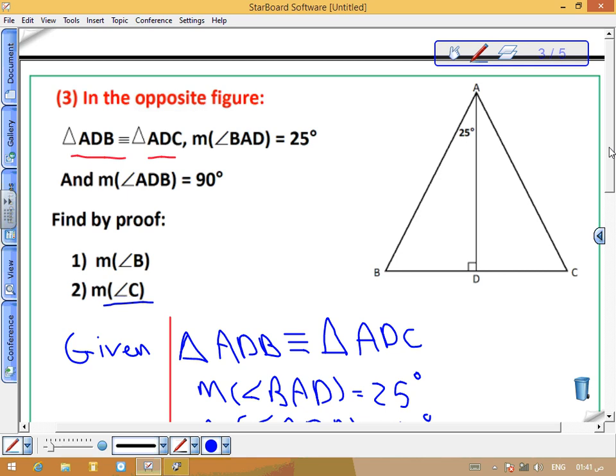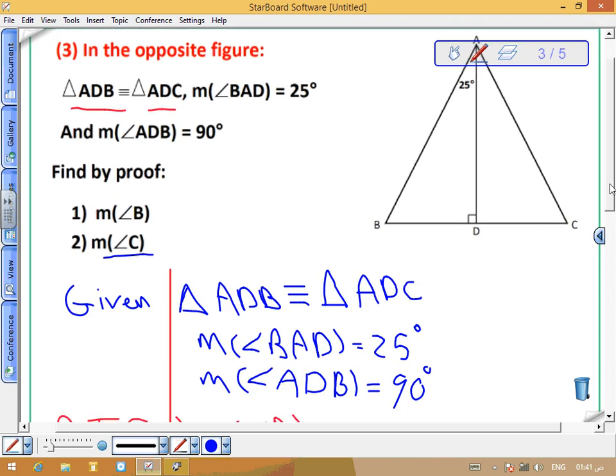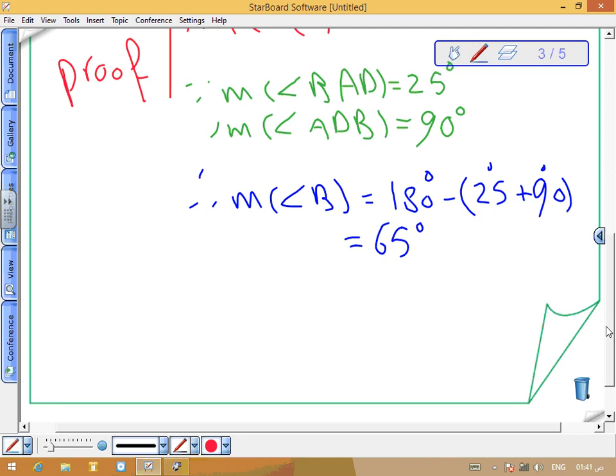Here we can write the measure of angle B in the figure, 65 degrees. Let's go to find required number 2.